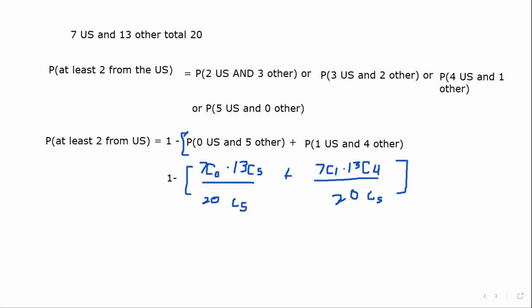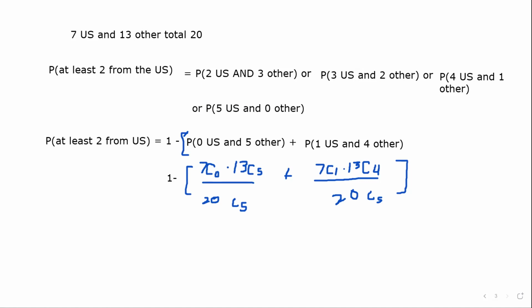Let me try this again. 13, math, probability, nCr, 5. 13 choose 5 is 1,287. Okay. And then 20 choose 5 is going to be 20, math, probability, nCr, 5. And that's 15,504. So that piece is the same.